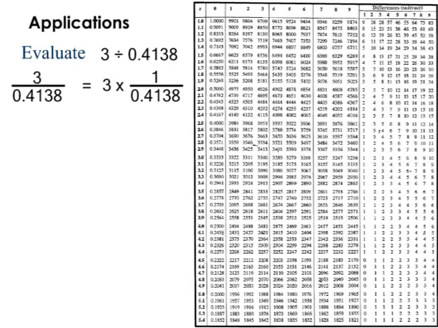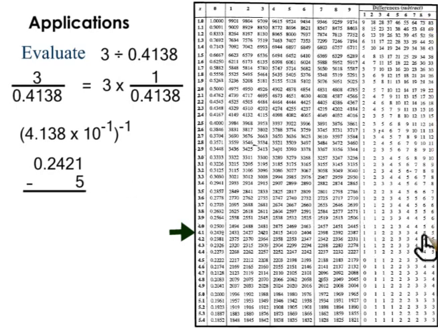The reciprocal of 0.4138 in standard form, that is 4.138 times 10 raised to power of negative 1. 4.1 is here, the column of 3 will meet us here, and the number is 0.2421. The differences column of 8 meets us here, and the number is 5.